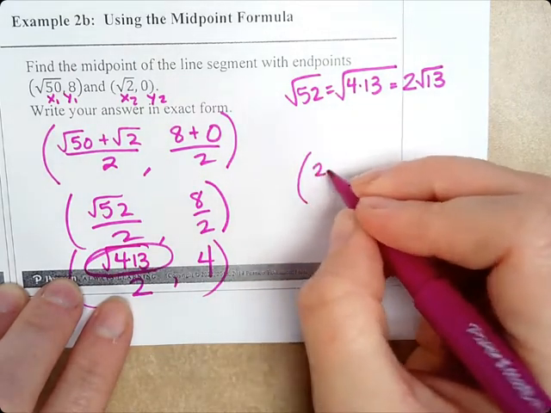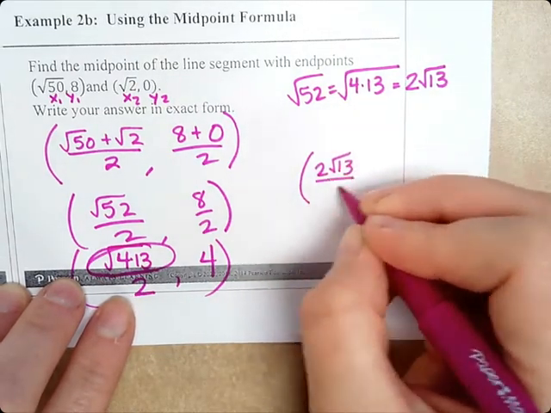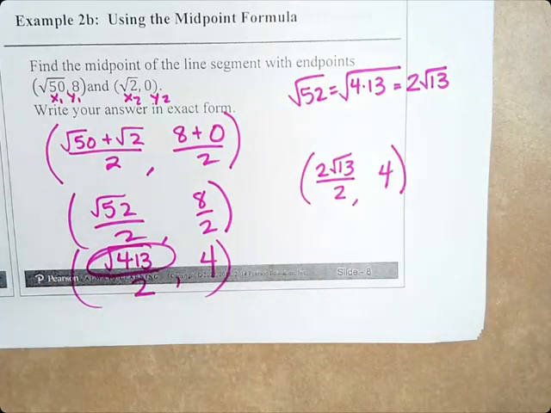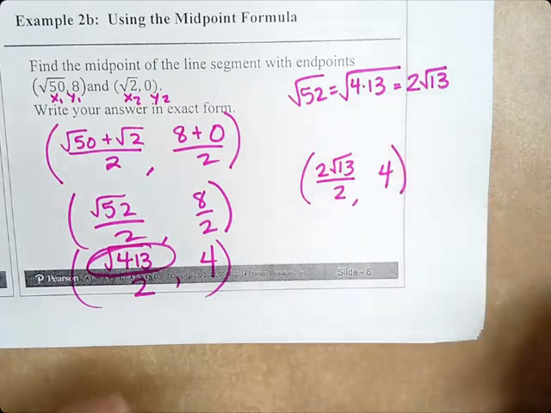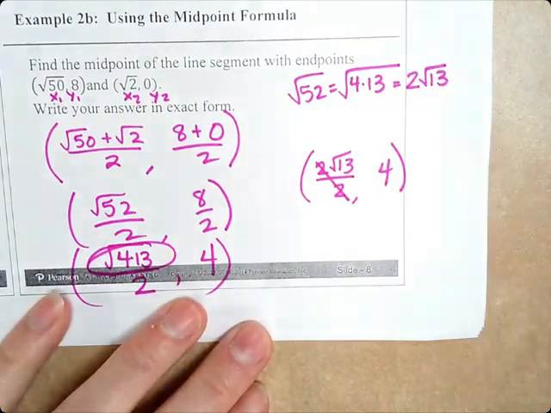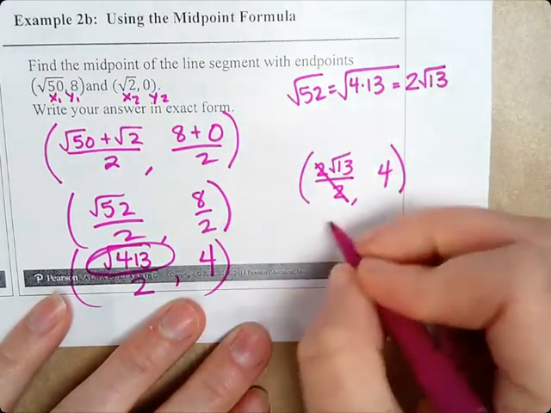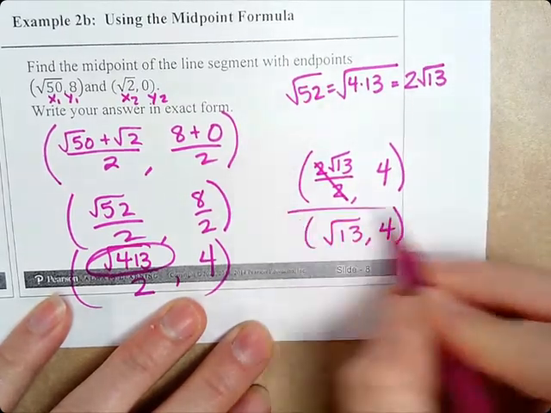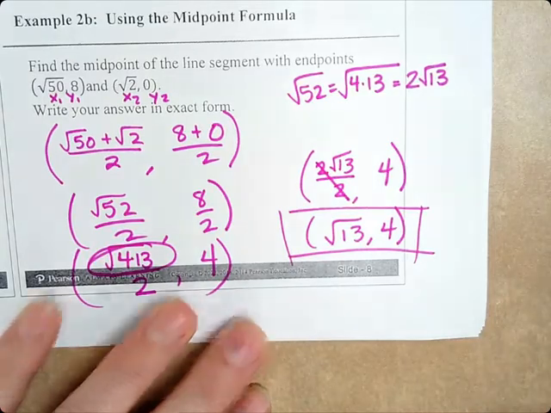So we have 2 square root of 13 over 2, and then 4. And then you have a 2 over 2, which equals 1, so we're able to mark those out. And we're just left with square root of 13 and 4. So that is our midpoint.